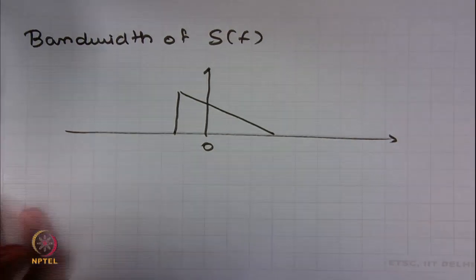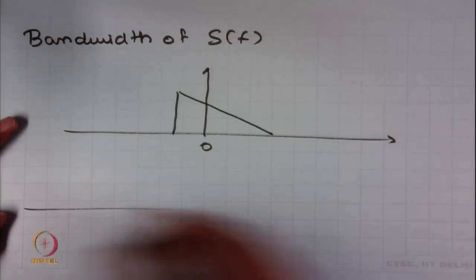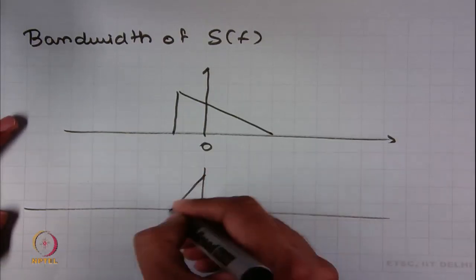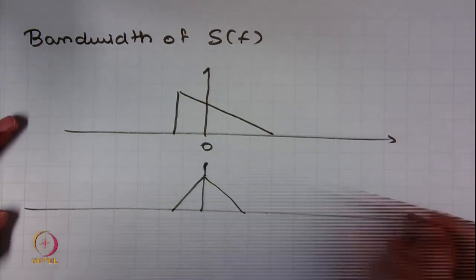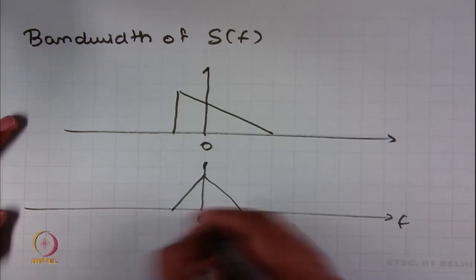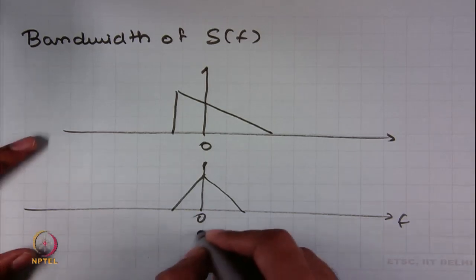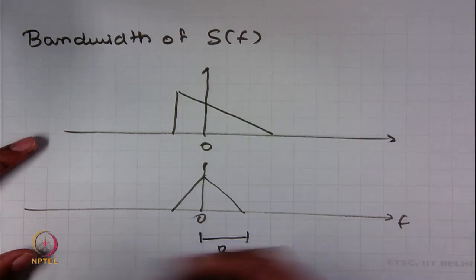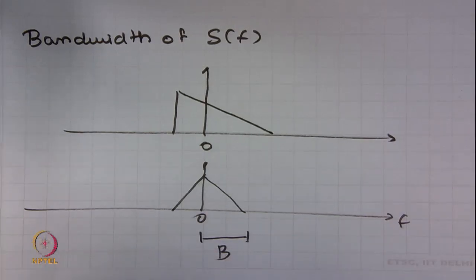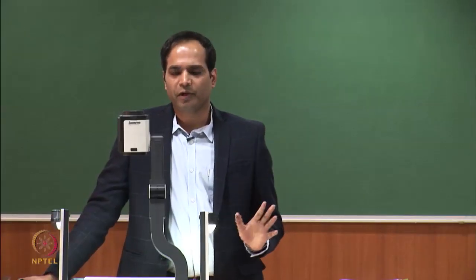In case of signals which are real, for example, their spectrum would be symmetric around DC, and the bandwidth definition that we normally choose is the one sided bandwidth. So, if you want to talk about the bandwidth of this signal, this bandwidth would be one sided bandwidth, meaning the range of positive frequencies.